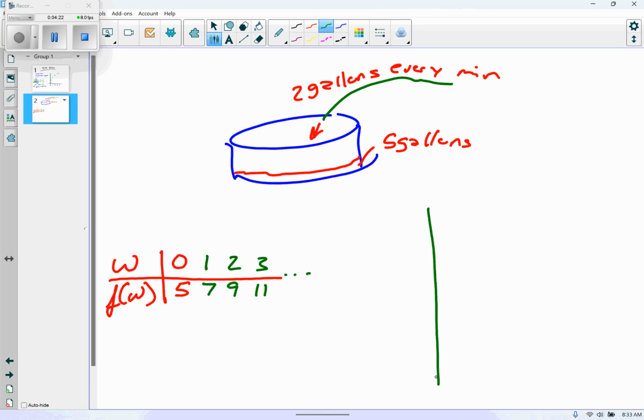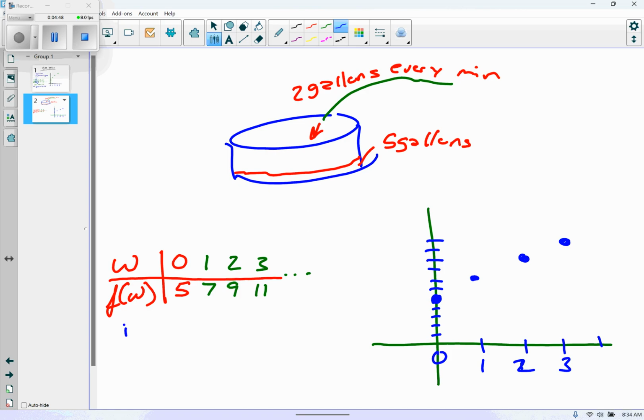Okay, so we graph this. And then label down here, we got 0, 1, 2, 3, and it keeps going. So at the very first time, we had 5 gallons. And then we realized every minute there was 2 more gallons. So that's what that looks like.